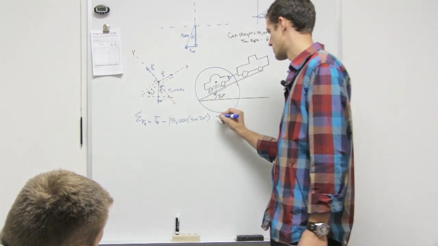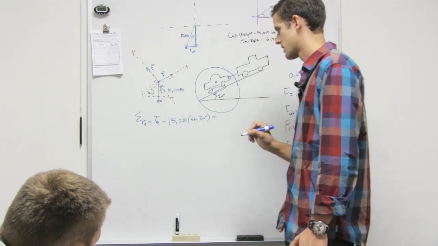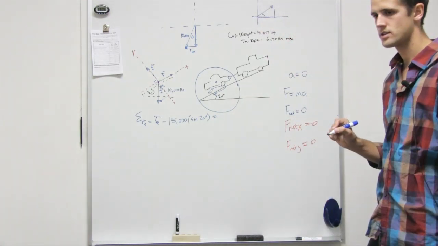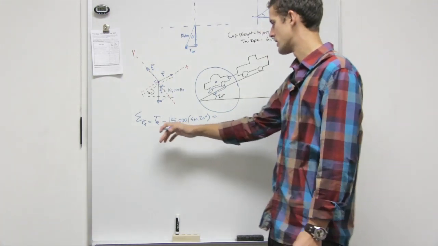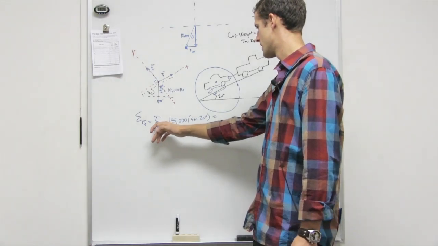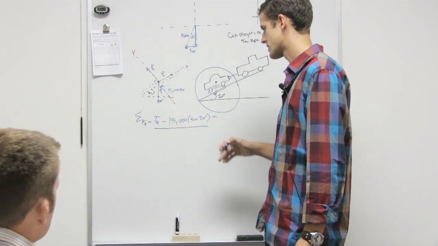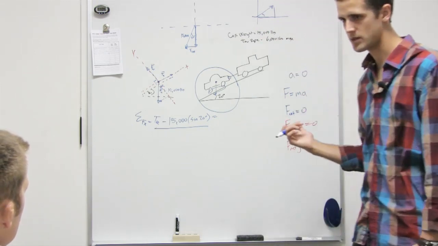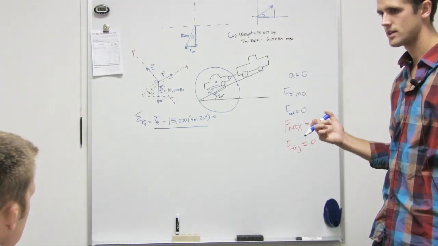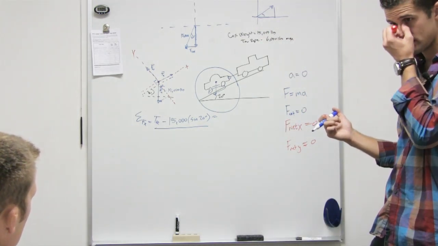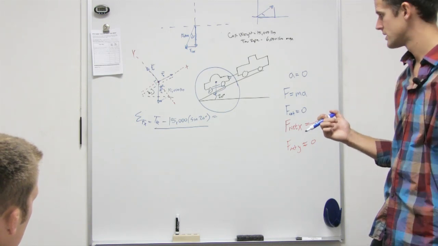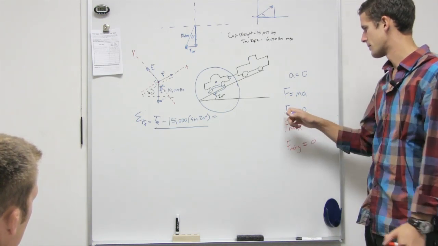And that equals what? So we don't know what TR is yet, but the sum of the forces in X, the net force in X, is going to be equal to what? Remember over here?